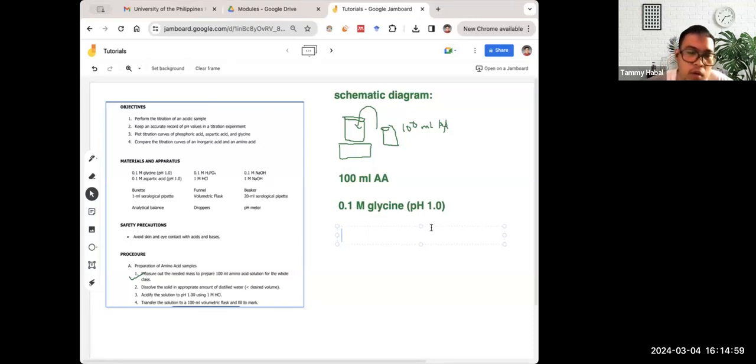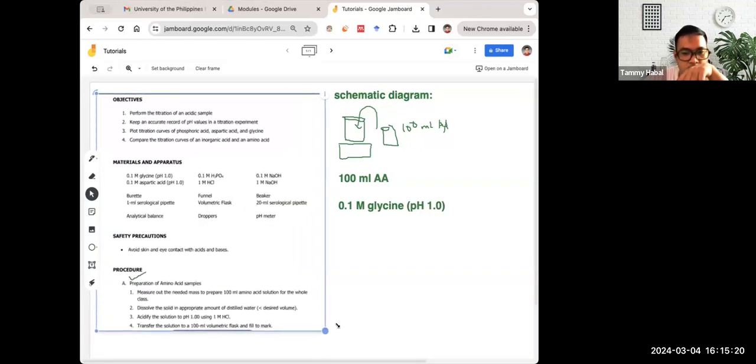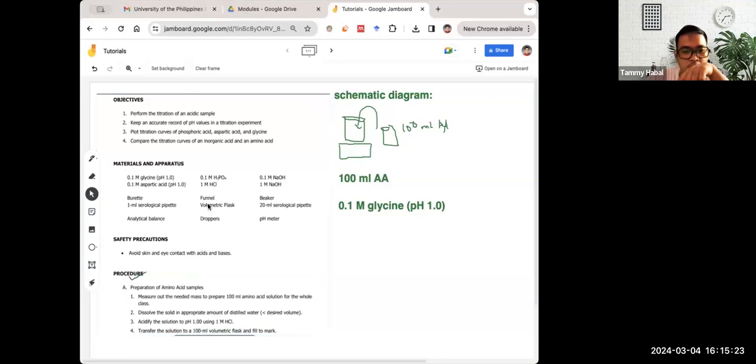We discussed this last time, right? If you need a certain number of grams of your acid, base, or protein, given the molarity, which in this case is 0.1 molar, what are the steps? For example, with glycine, what are the steps you need to do to produce 100 ml of 0.1 molar glycine?